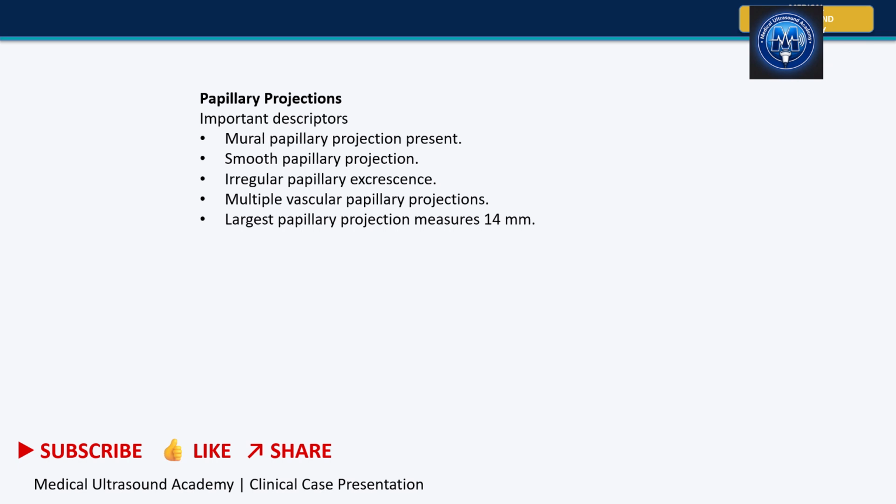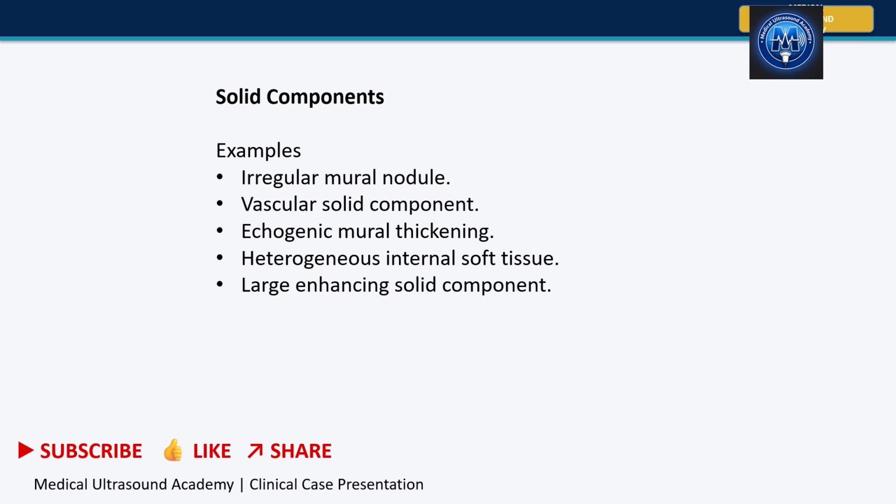Important descriptors: mural papillary projection present, smooth papillary projection, irregular papillary excrescence, multiple vascular papillary projections. Largest papillary projection measures 14 mm. Solid components. Examples: irregular mural nodule, vascular solid component, echogenic mural thickening, heterogeneous internal soft tissue, large enhancing solid component.